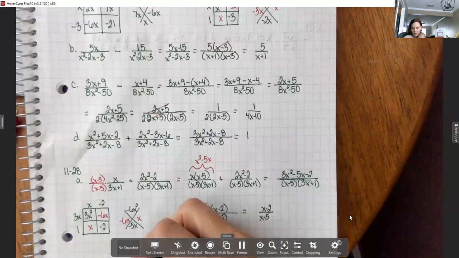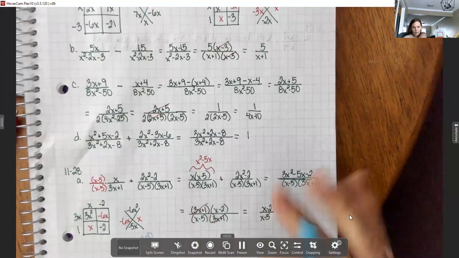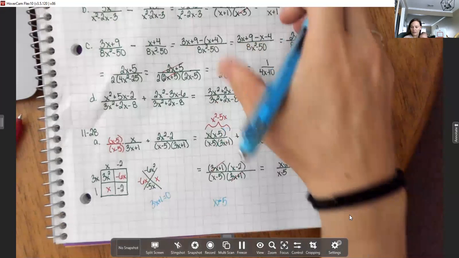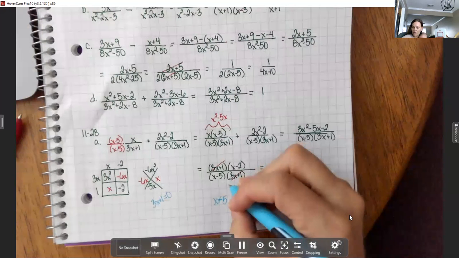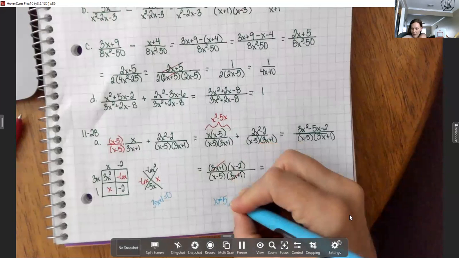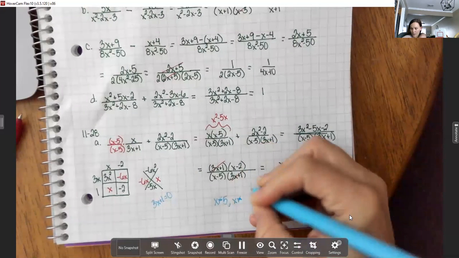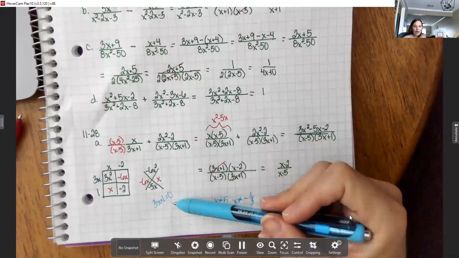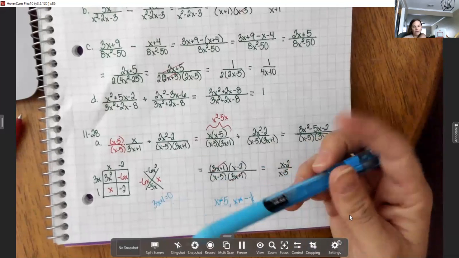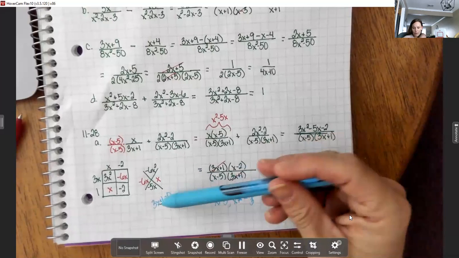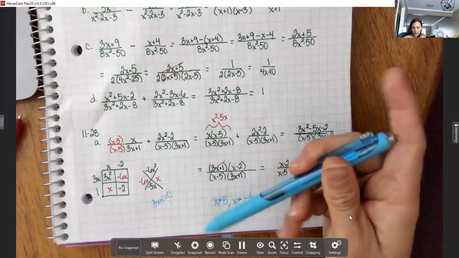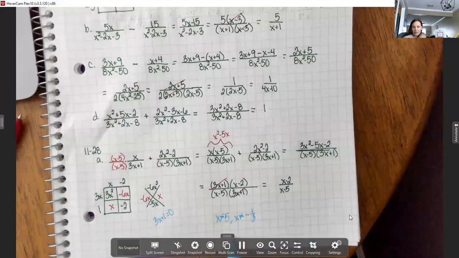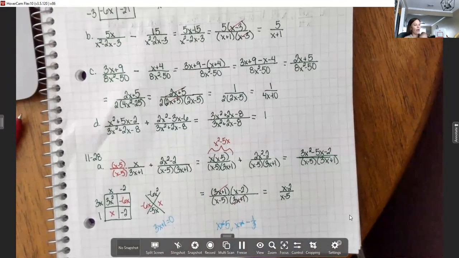If you're not sure, 3x plus 1 equals 0, and solve that. So you're also going to get that x doesn't equal negative 1/3, because that's what you get when you solve that. You want to know what makes this equal to 0, and that's what x isn't allowed to be. So x can't be 5 or negative 1/3 for part A.